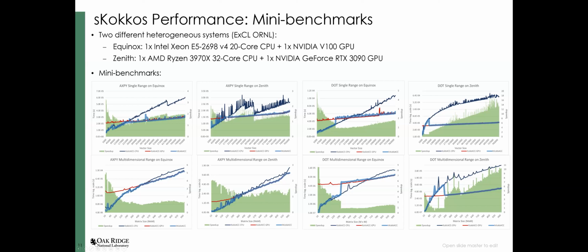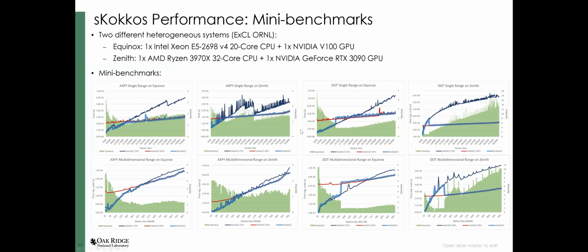We see that Kokkos is able to make a good transition between using CPU and starting to use GPU as the complexity of the problem increases. There are things that can be improved for parallel reduce. Parallel reduce is a much more complicated operation to estimate the performance of and to make the decision for. But at the same time, it doesn't look very bad to me.